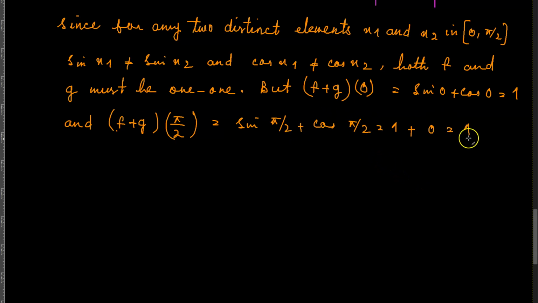So you can see that the outputs of the function are 1 and 1, but the inputs are not the same. Here the input is pi by 2, here the input is 0, meaning that the inputs are different, but the outputs are the same. Therefore, f plus g is not 1, 1.